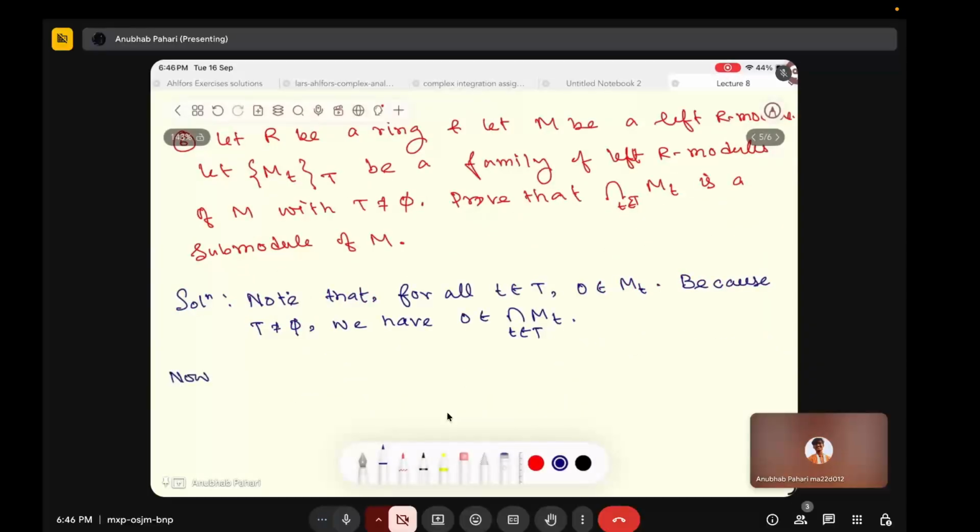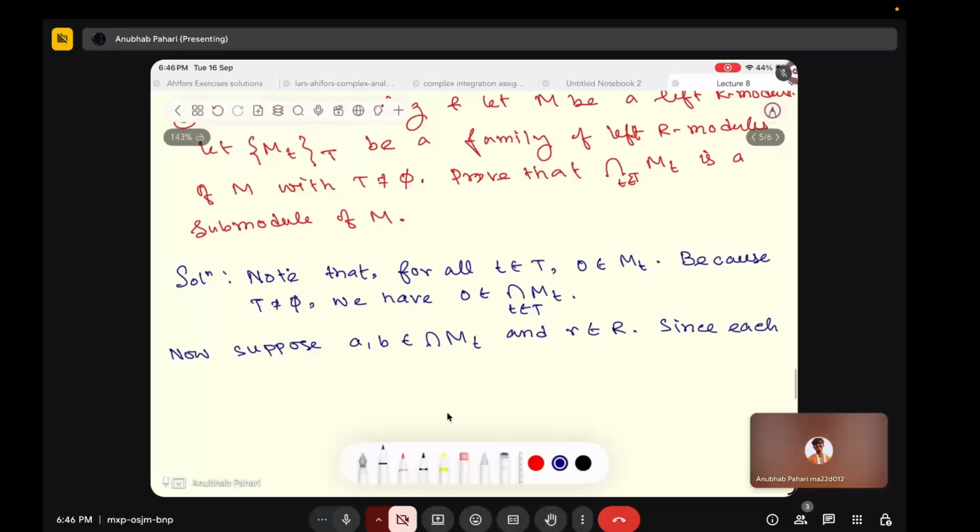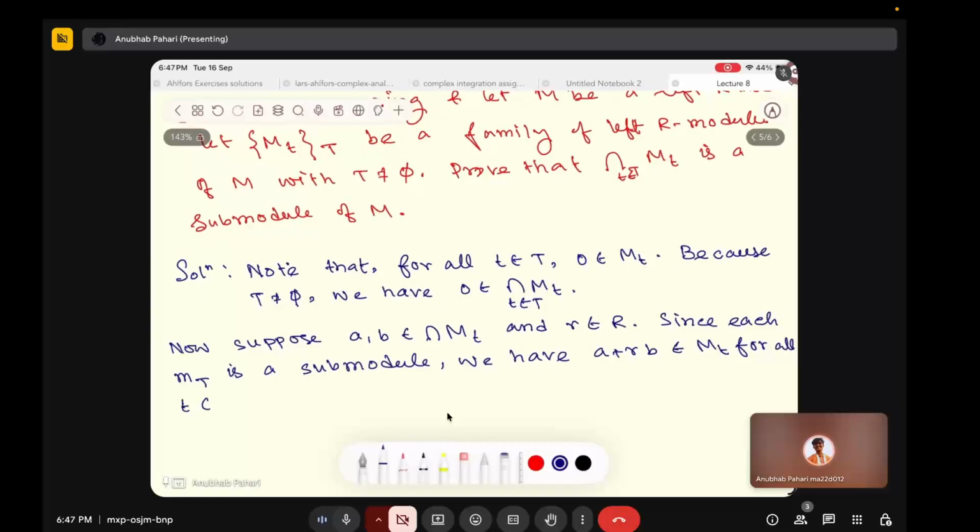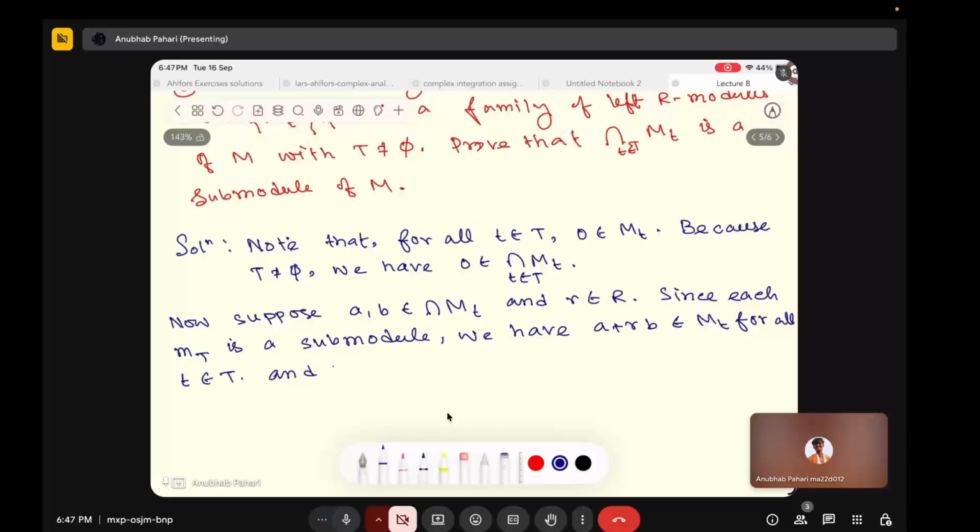Now suppose a, b belongs to the intersection of M_t and small r belongs to capital R. Since each M_t is a submodule, we have a plus rb belongs to M_t for all small t belongs to capital T, and thus we have that a plus rb belongs to this.